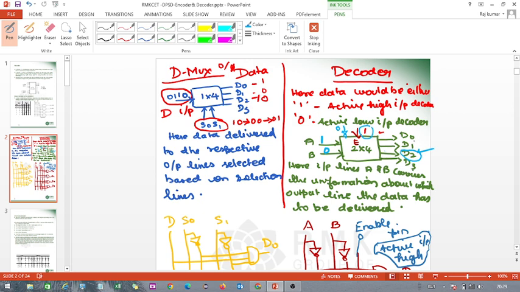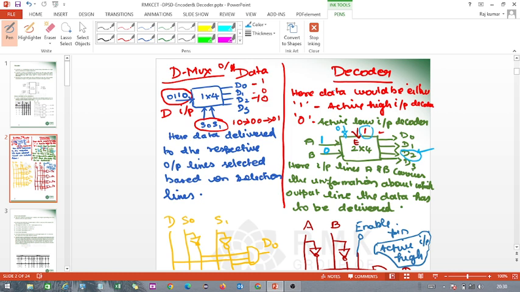You are not carrying the actual data. To deliver that properly, you have a circuit separately. Mux and demux will deal with the actual data. Here, encoder and decoder will deal with from whom we are receiving and to whom I have to deliver. That's all. So make note of that.